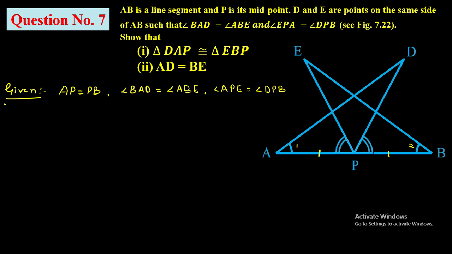Now we have to prove that triangle DAP is congruent to triangle EBP. Let's make the two triangles separately. DAP and the other is EBP.